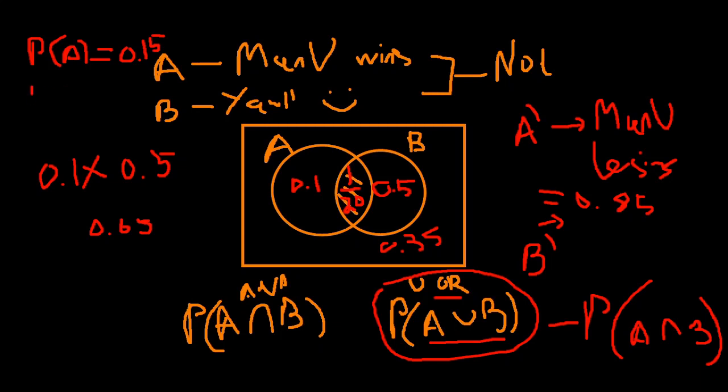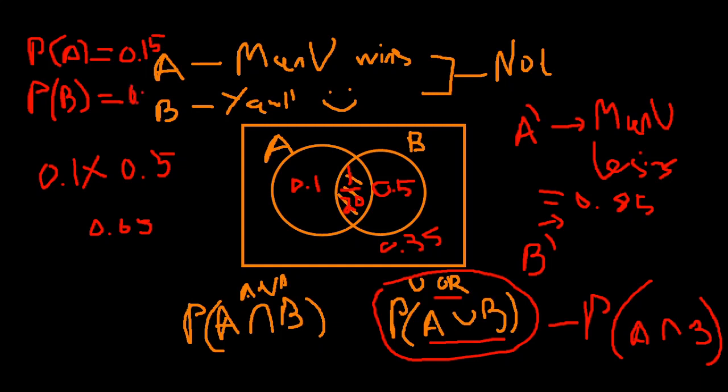And then the probability of B happening is 0.55, right?